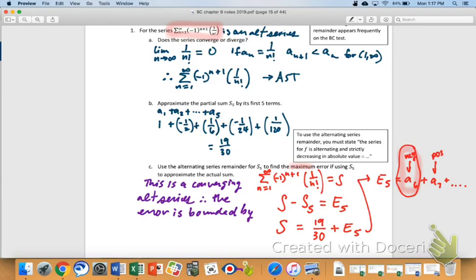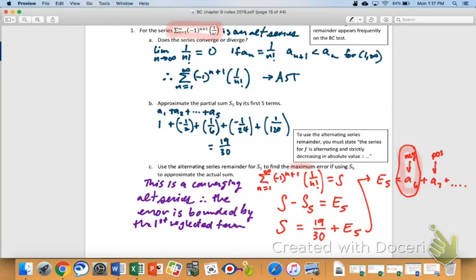The error is bounded by the first neglected term. Our partial sum was based on A1 plus all the way up to A5, so the first neglected term would be A6.